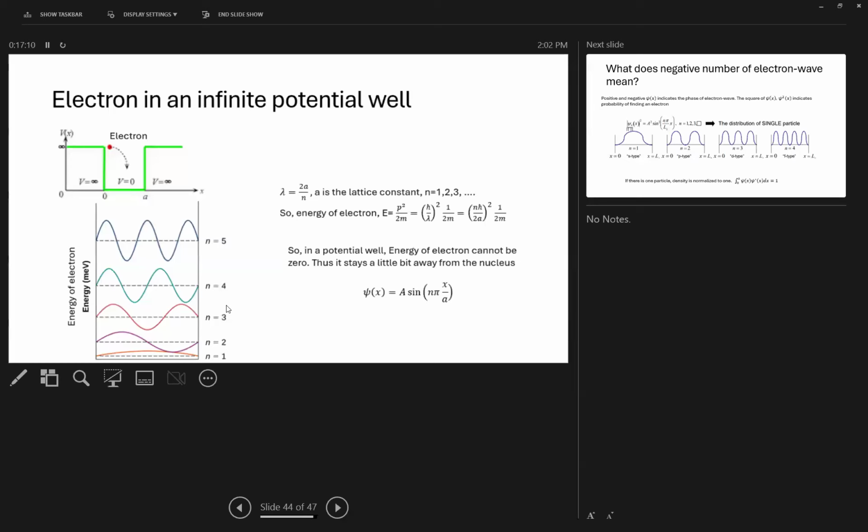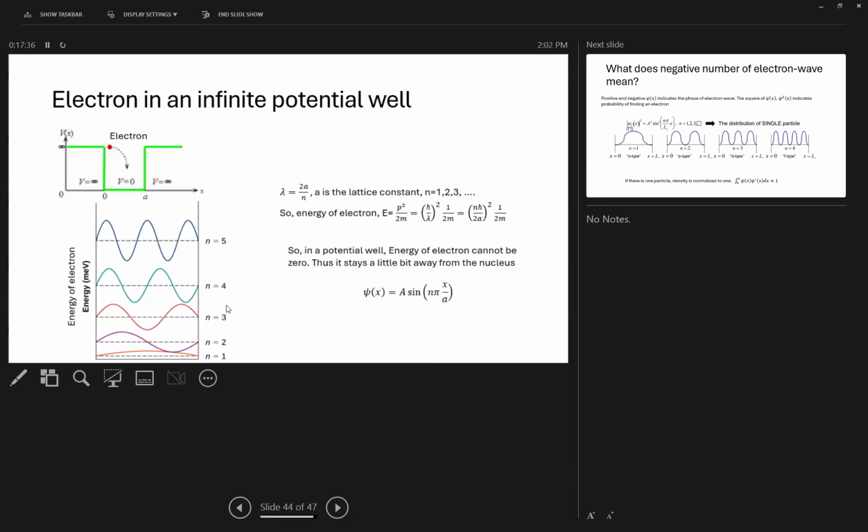So instead of something like this, which goes to negative infinity, I draw a potential which is 0 in the middle and becomes infinity after some distance. Let us say this is the length of A.